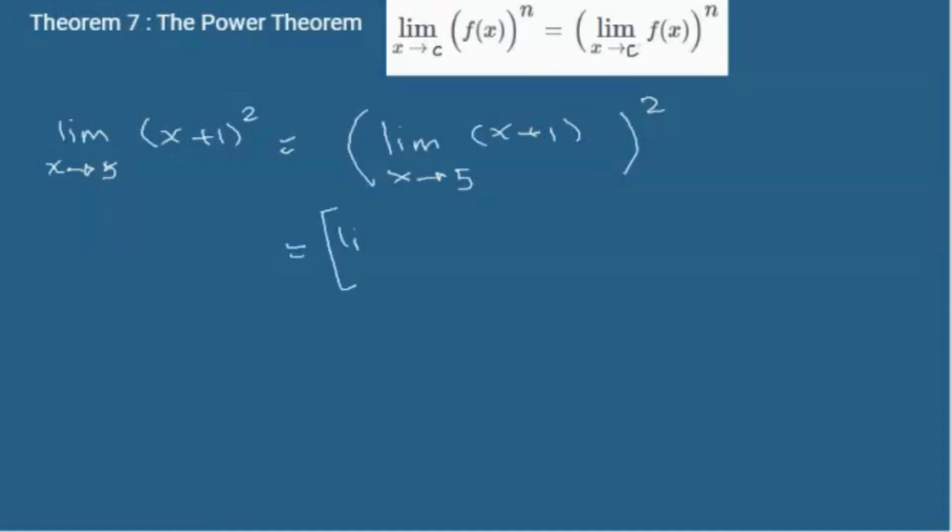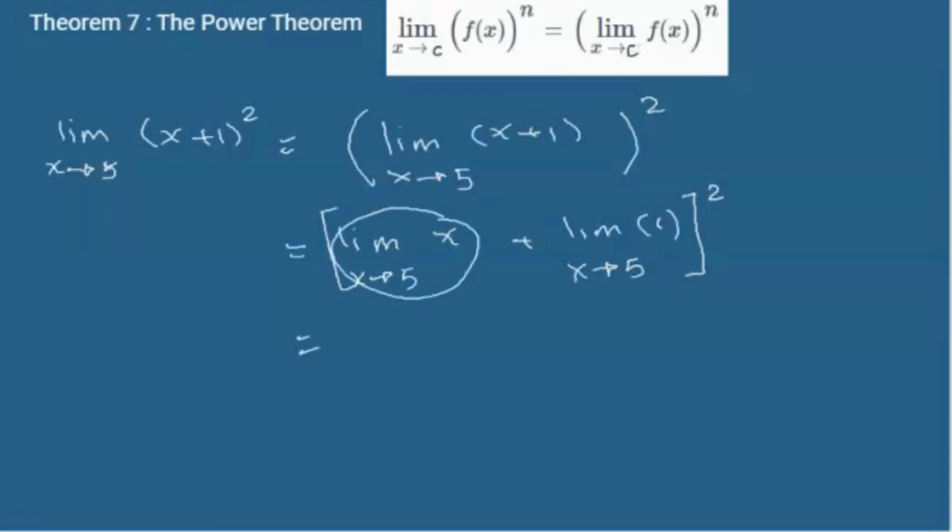So we have the limit of x as x approaches 5 plus the limit of 1 as x approaches 5, raised to the power of 2. So we know this one from our previous theorem.